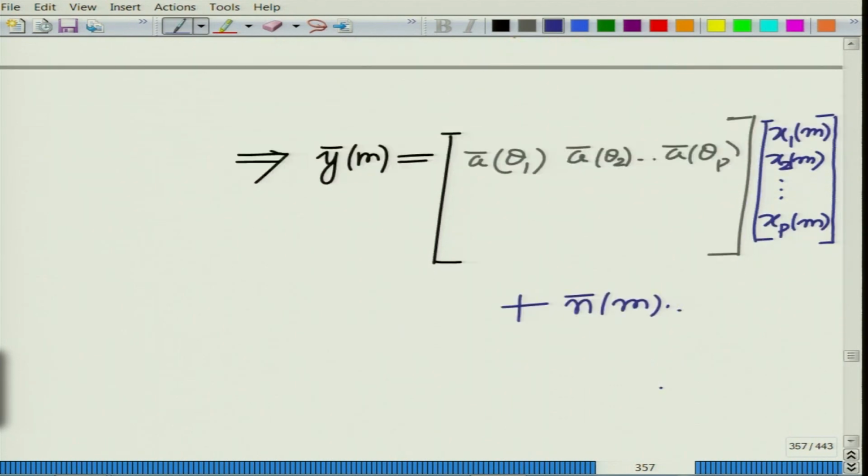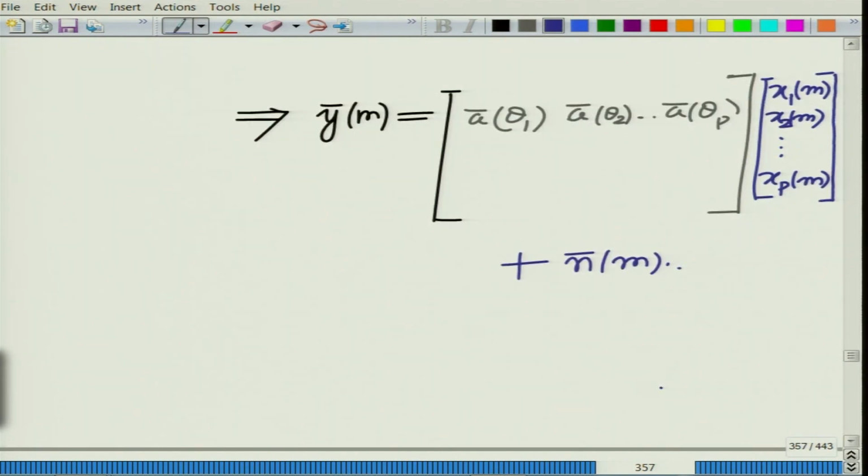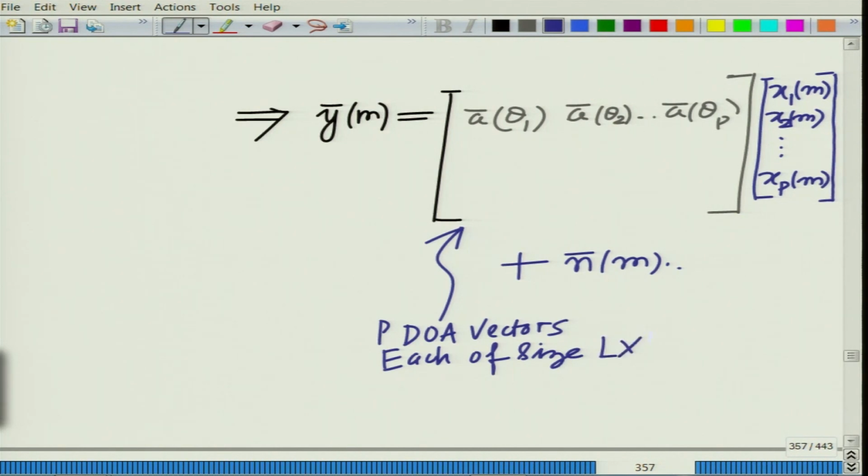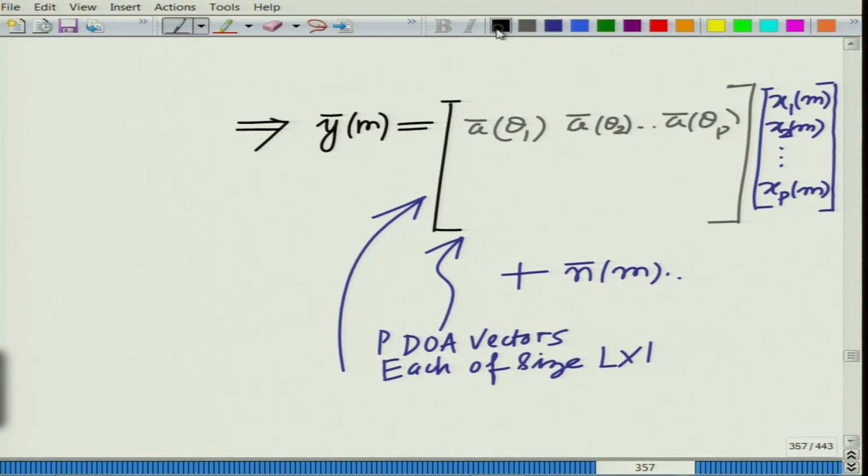This is the matrix representation. As usual, you have p DOA vectors, each of size L cross 1, so the matrix will be of size L cross p, and this is a p cross 1 vector.